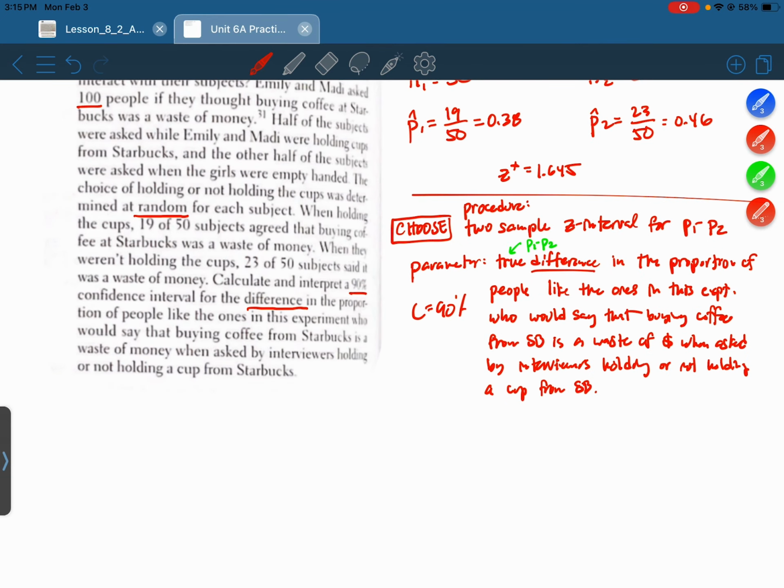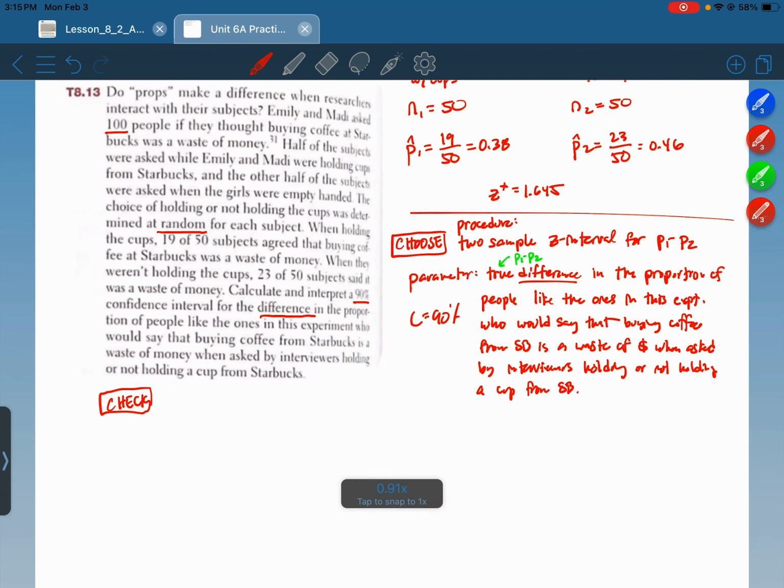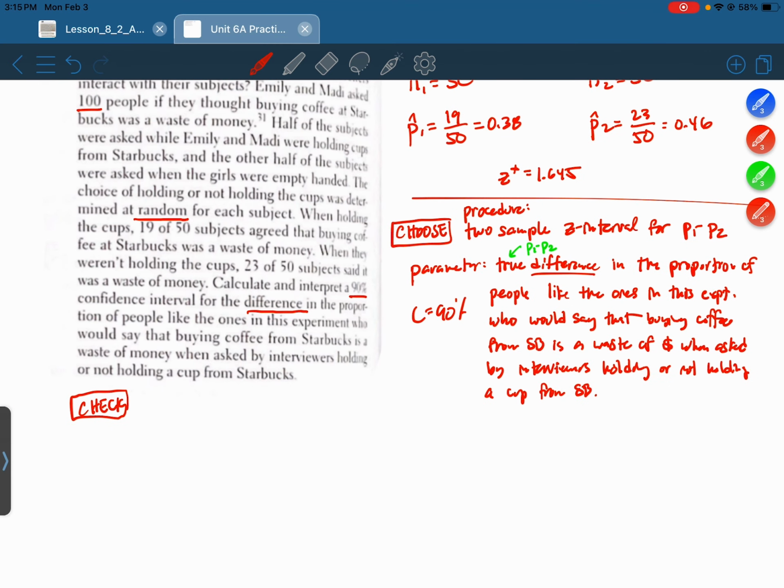All right, here, let me move to this empty space over here. Let's check our conditions, okay? So this is an experiment with random assignment. All right, and that satisfies the random condition.